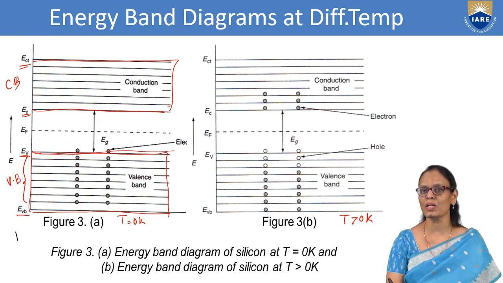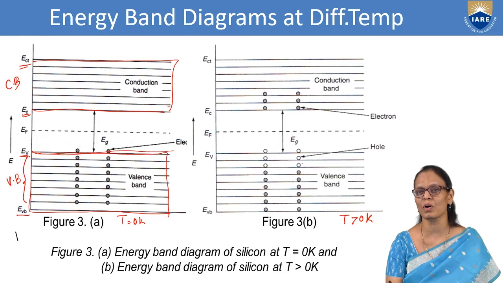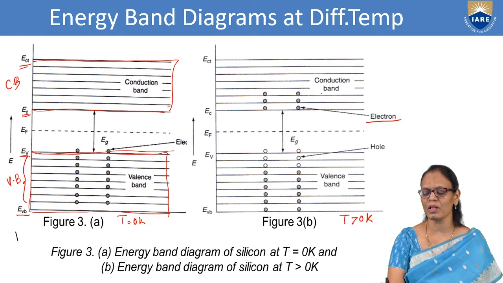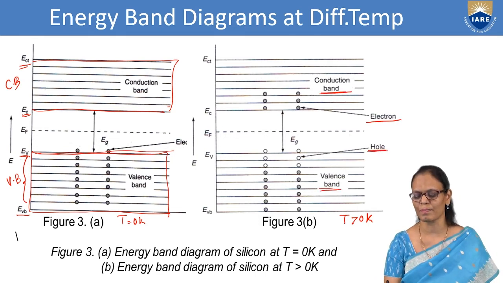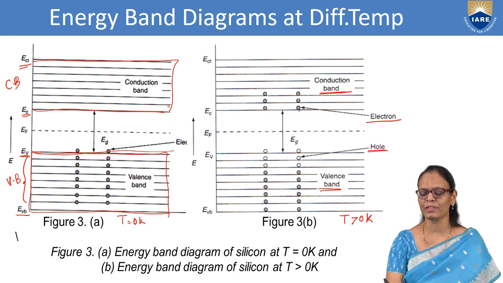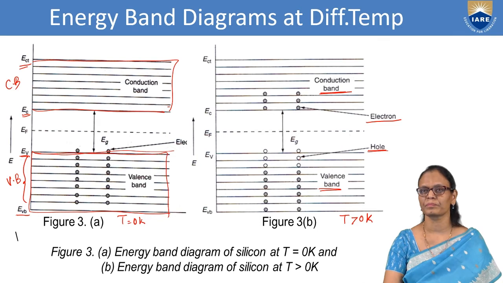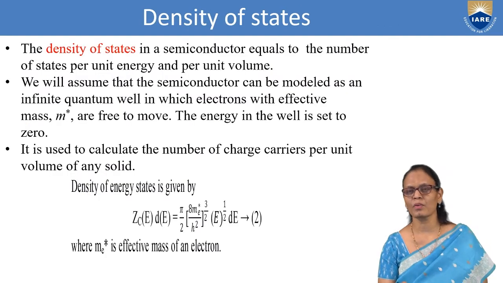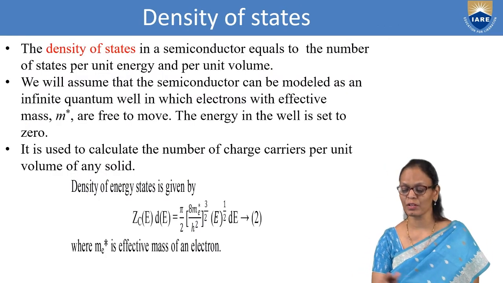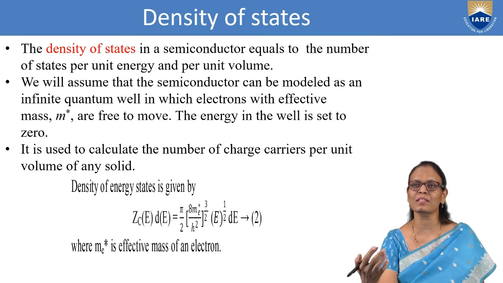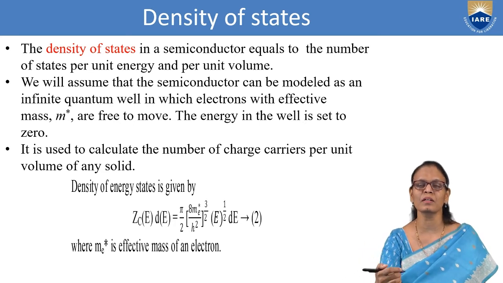So when electrons move from the valence band to the conduction band, holes or vacancies arise in the valence band. There are electrons in the conduction band, there are holes in the valence band, and of course the number of electrons is equal to the number of holes. Now we are going to derive the expression for the concentration of carriers.